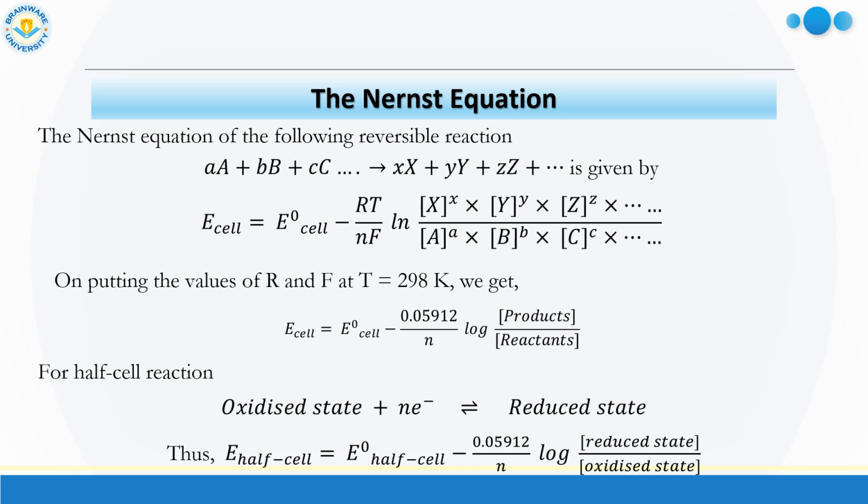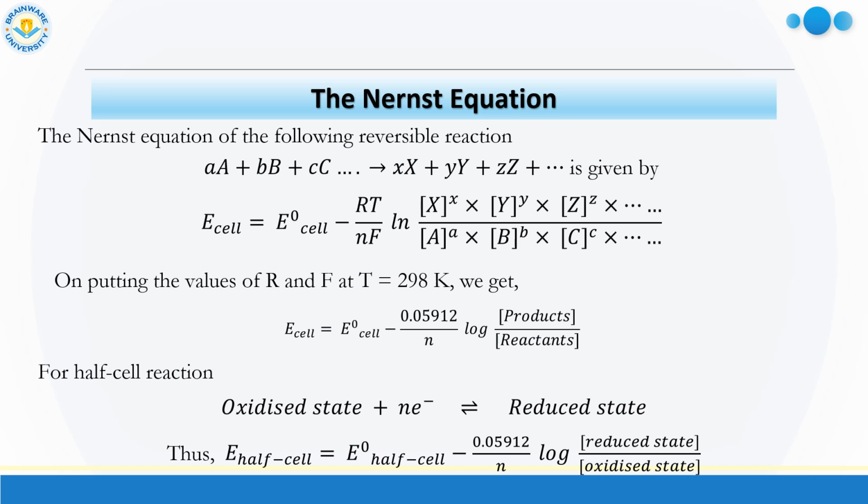Let us consider a reversible chemical reaction where capital A, B, and C are the reactants with stoichiometric coefficients designated as small a, small b, and small c, and capital X, capital Y, capital Z are the products with stoichiometric coefficients designated as small x, small y, small z.